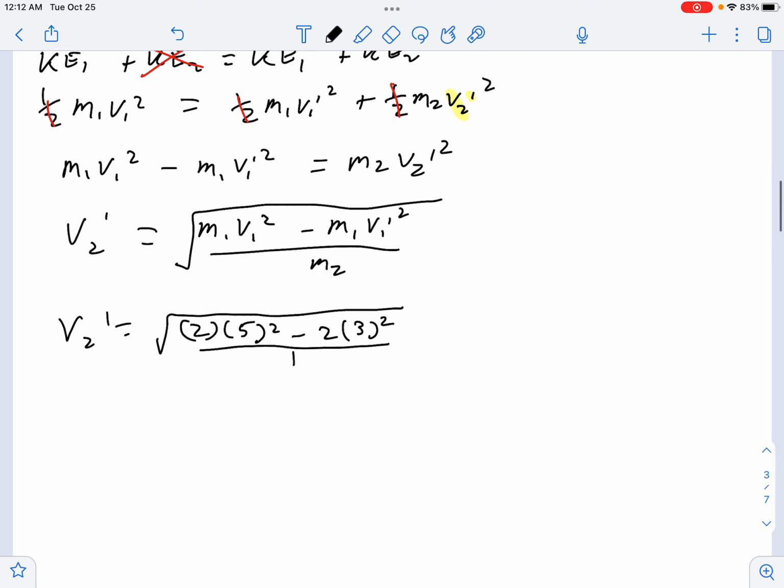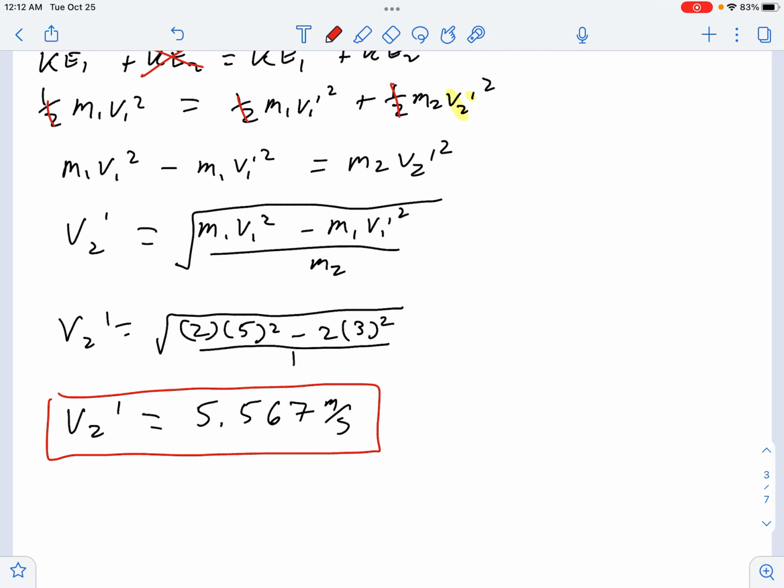So 5 squared is 25 times 2 is 50, minus 3 squared is 9 times 2 is 18. 50 minus 18 is 32, and the square root of 32 in the calculator gives me 5.657 meters per second. Now this right here is just the speed.